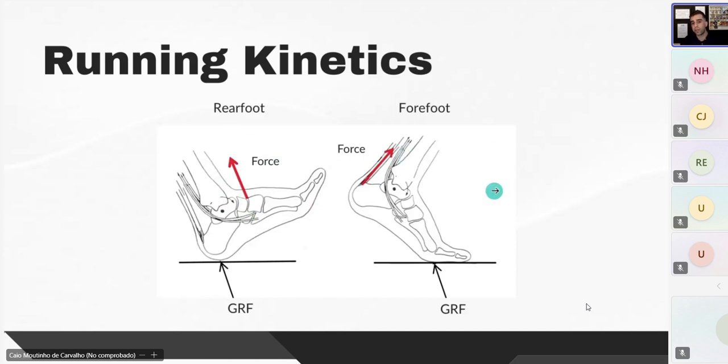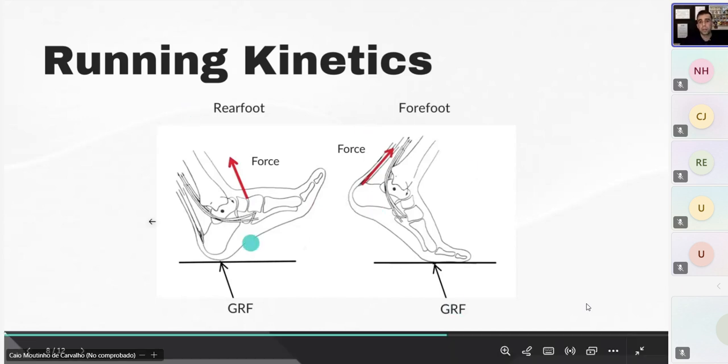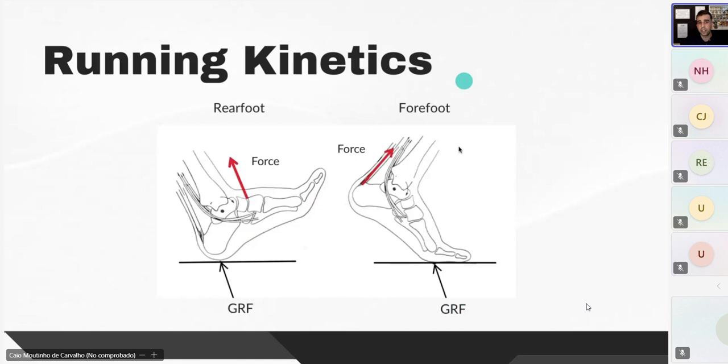The same way with your forefoot: if you're landing with your toes or forefoot, you will have a tendency to go down with your heels, and you need a force in the opposite direction to control the motion and not go down so fast. If you see these two people running, you can sometimes even tell how they're running, but the muscle activity is very different in these two people. That really makes a lot of difference.